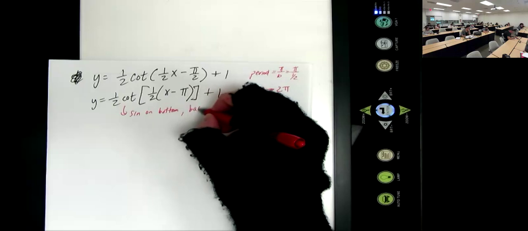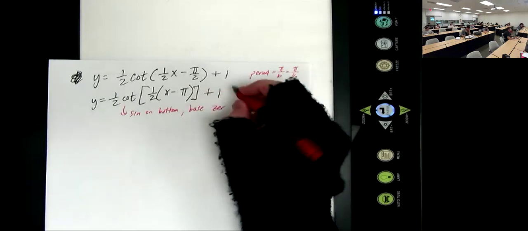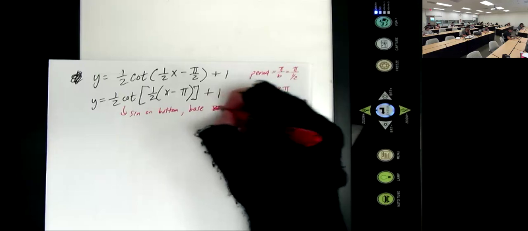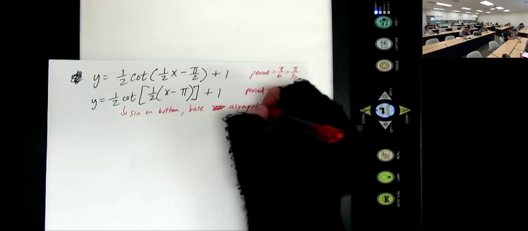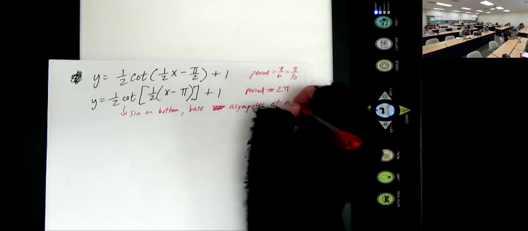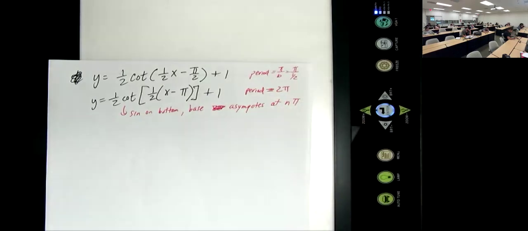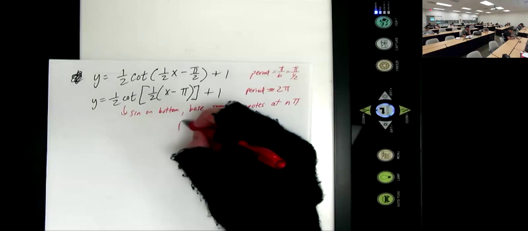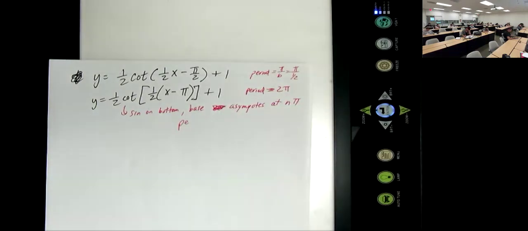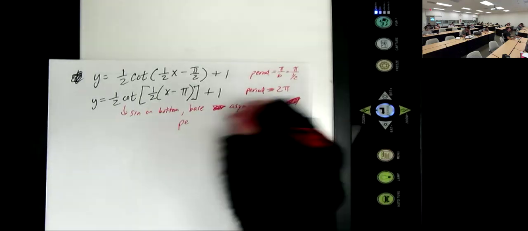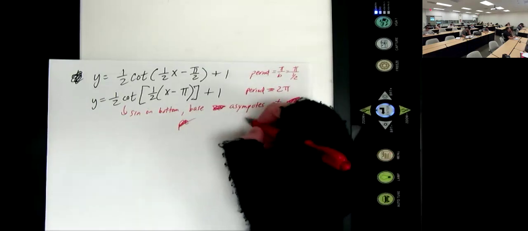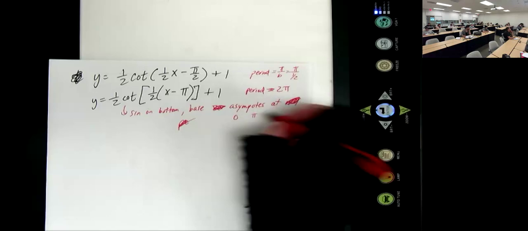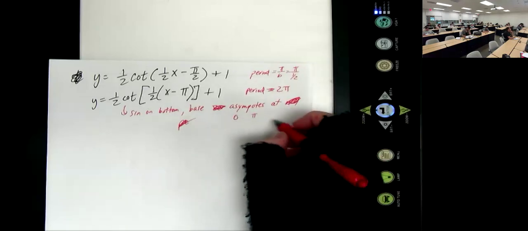The base zeros are even pies, or base asymptotes, n pi. And we're shifting by a pi, so that doesn't even change it, does it? Our period is, well, I don't wanna say n pi because we have that shift here. But the base asymptote was 0 and pi. And now it's gonna be 0 and 2 pi.